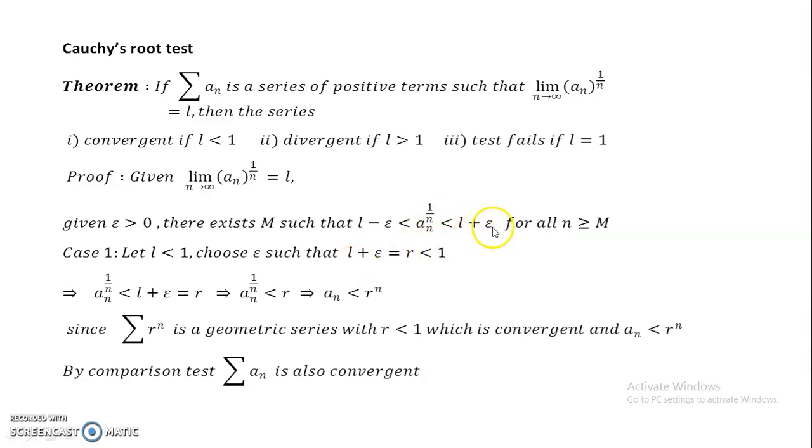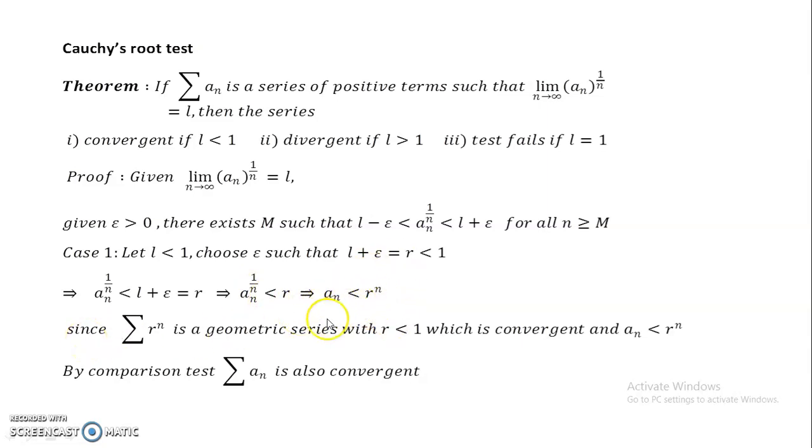It means that an^(1/n) is less than L plus epsilon, which equals R. That implies an^(1/n) is less than R. If I raise both sides to the power n, the n gets cancelled, so an is less than R^n.